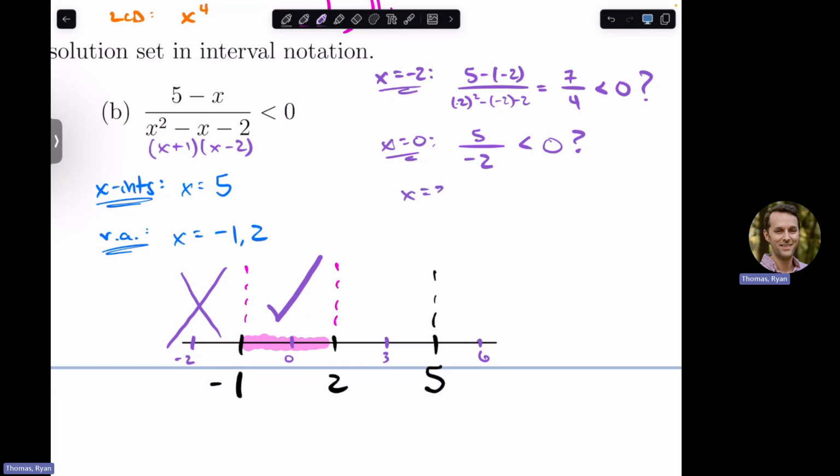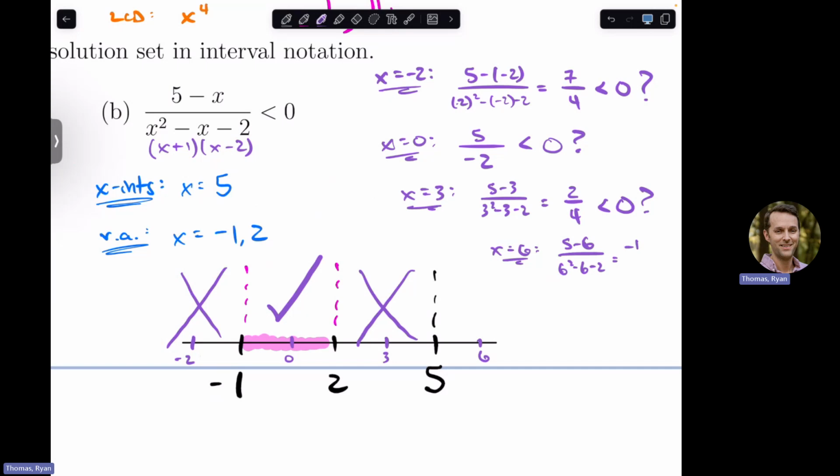And then so on, keep doing the same kind of thing. 3: 5 minus 3, 3 squared minus 3 minus 2. So 2, 6, 4, I think. Is that less than 0? No. And then 6: 5 minus 6, 6 squared minus 6 minus 2. -1, 36, 30, 28.